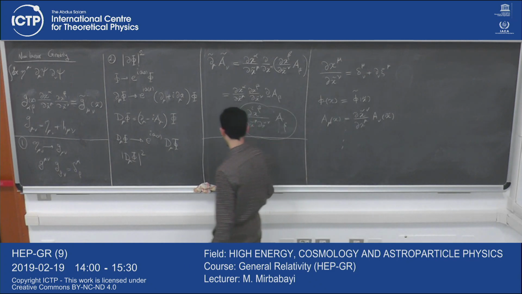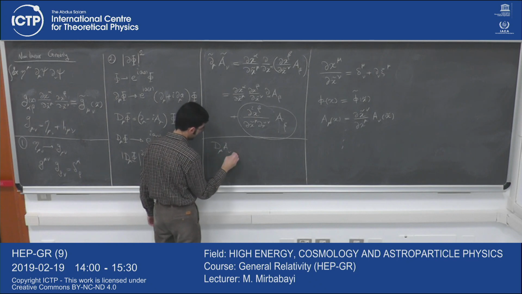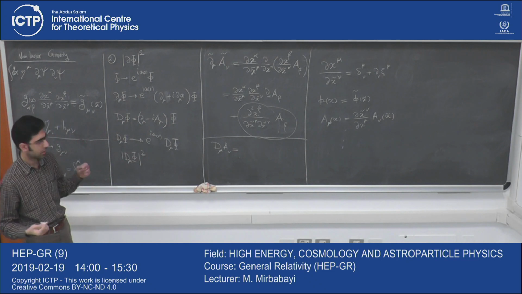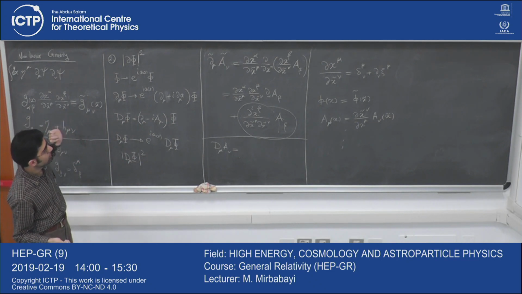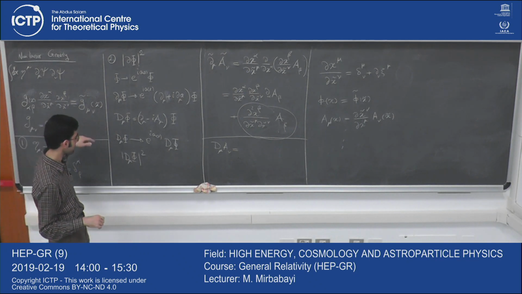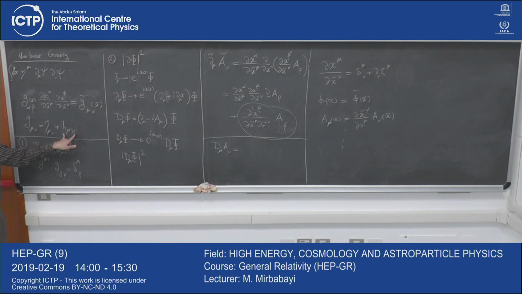We just construct the covariant derivative by adding some extra terms which depend on our gauge field. Now our gauge field, maybe A mu wasn't the best name to choose here. Now our gauge field is h mu nu.